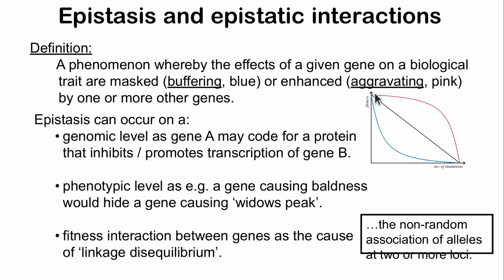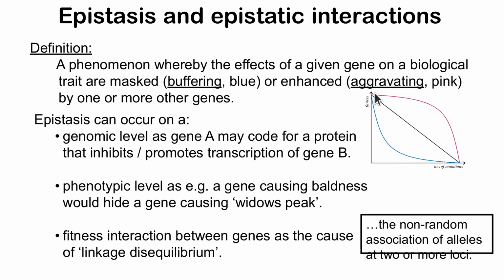But after you add a certain amount of mutations, your fitness starts dropping off quite dramatically. And that is a case of aggravating epistasis, where the sum of multiple mutations will have a much more powerful impact than what they would just do individually, added together.